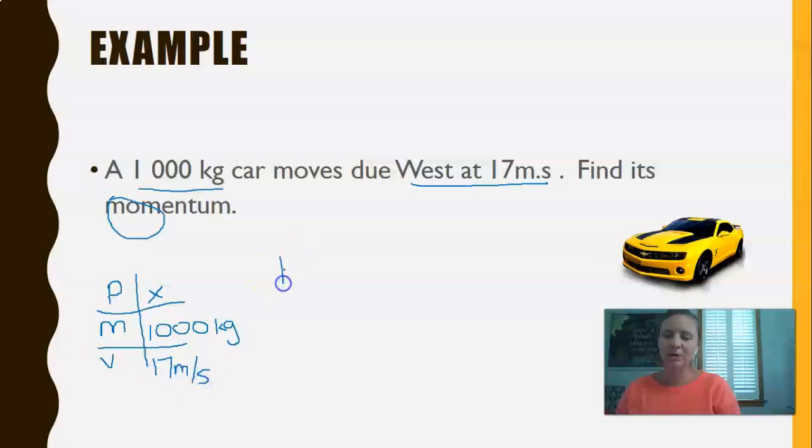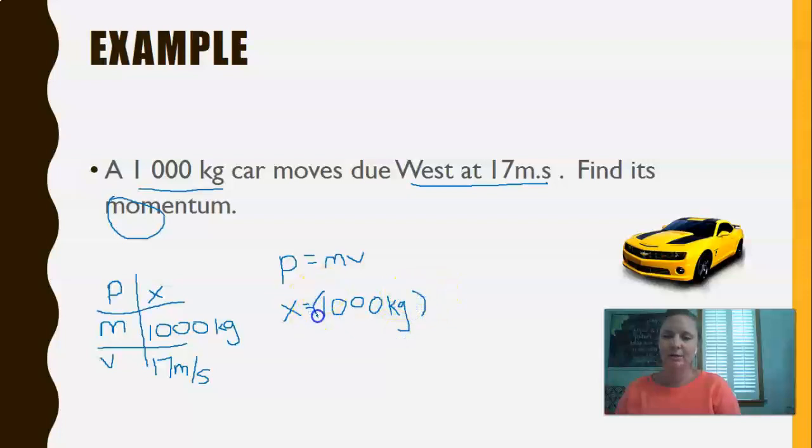So remember, our equation is P stands for momentum equals the mass times the velocity. So we're just going to plug in now. So x is our variable, we don't know. And our mass is 1,000 kilograms. You would think I would get better at using this little pen with my finger, and I am not, unfortunately.